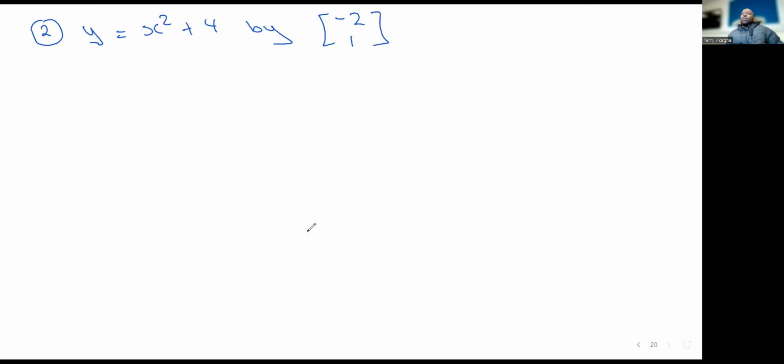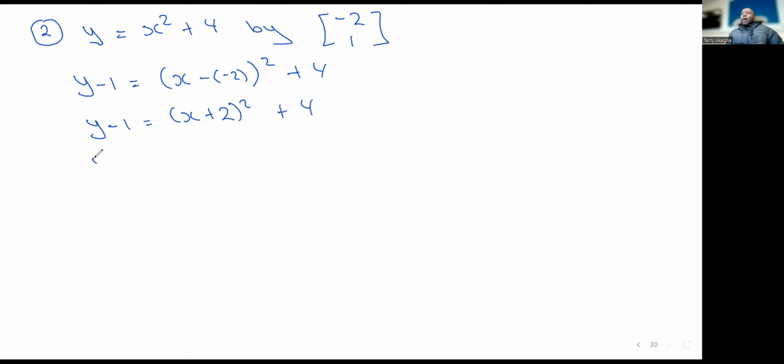The same thing: anywhere you see y, you replace it with y minus b, and anywhere you see x, replace it with x minus a. So it's going to give you y minus 1 is equal to x minus (-2) squared plus 4. That gives y minus 1 is equal to (x plus 2) squared plus 4.